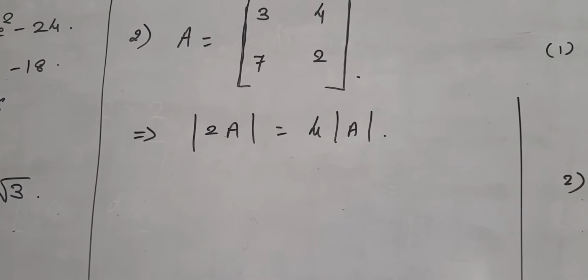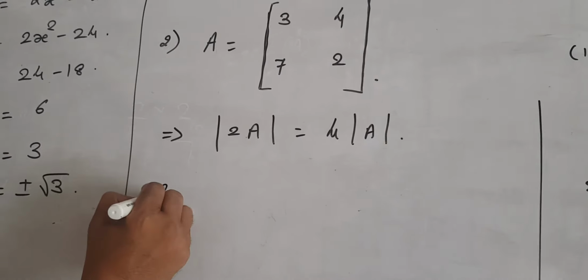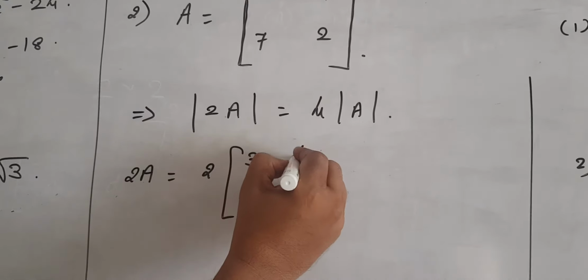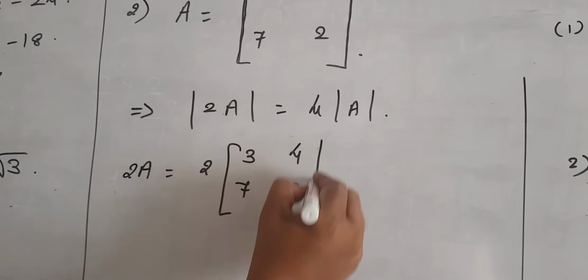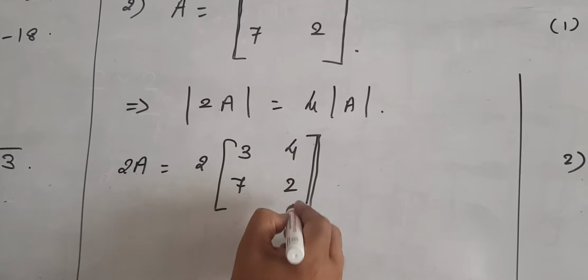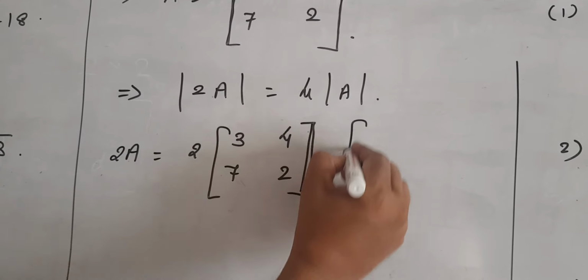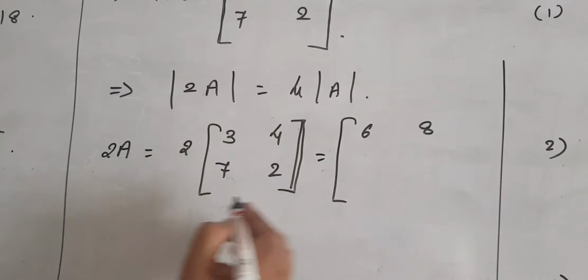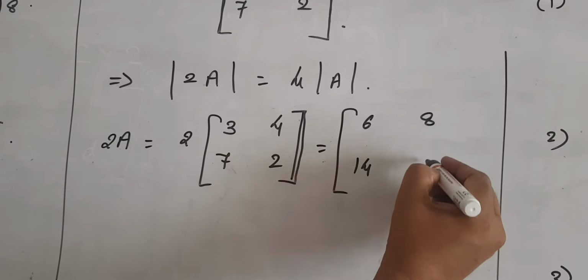Now we have to see the left hand side first. 2A means 2 into the matrix 3, 4, 7, 2. In the matrix we multiply by 2, so it becomes 2 3s are 6, 2 4s are 8, 2 7s are 14, 2 2s are 4.